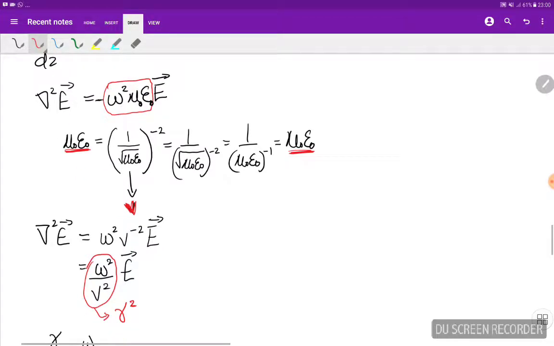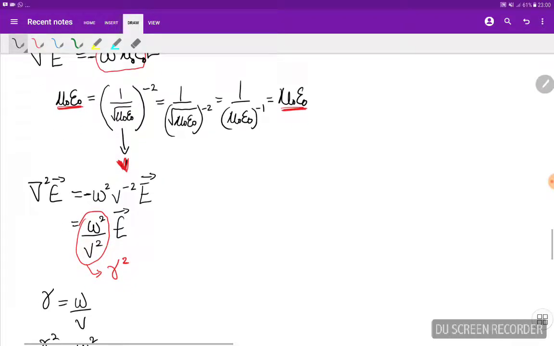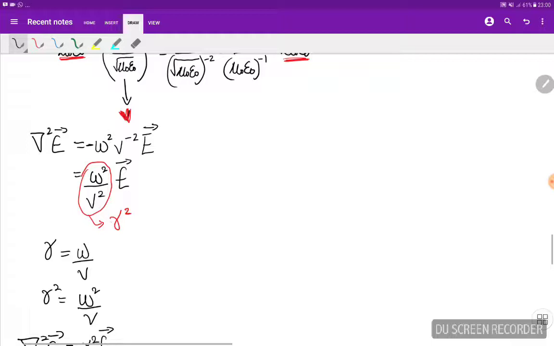So we have minus ω²/v² E. But this can be denoted as a constant, the propagation constant, which is this symbol over here.